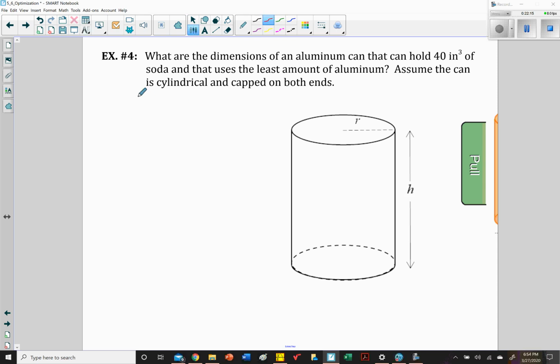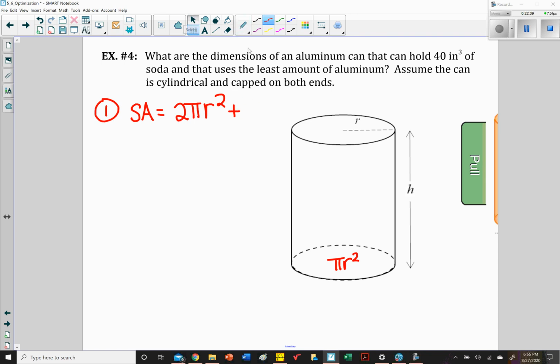So first of all, we know that the surface area, that's what this picture is going to help us with. You see how there's a circle up here and a circle down here? So we have a circle at the top and a circle at the bottom. We have 2 pi r squared.